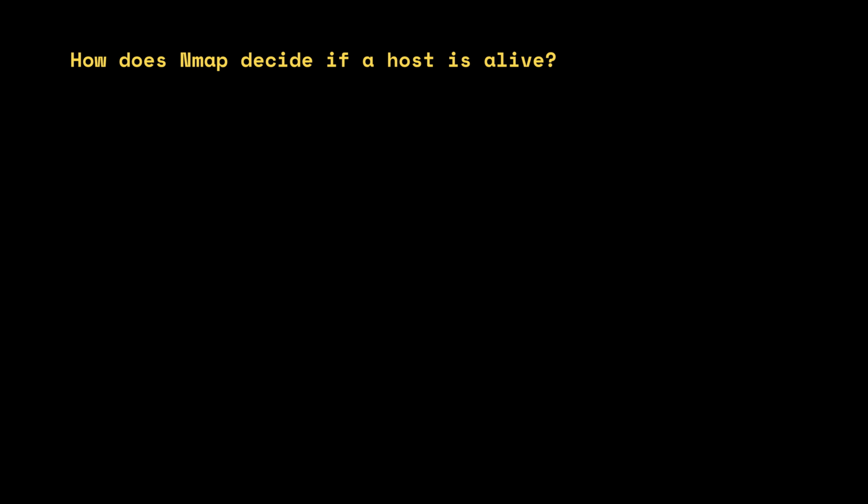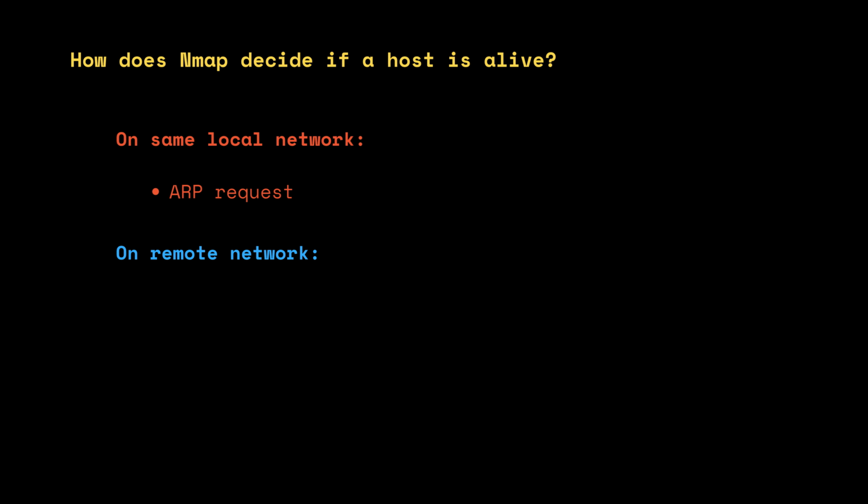The lesson? The way nmap decides if a host is alive depends on where the host lives. On the same local network, nmap typically uses ARP requests. This is the most reliable method on a local subnet. It does not depend on ICMP at all here. Even if ICMP is blocked, ARP still works. On remote networks, which means a different subnet or the internet, nmap uses a combination of probes.